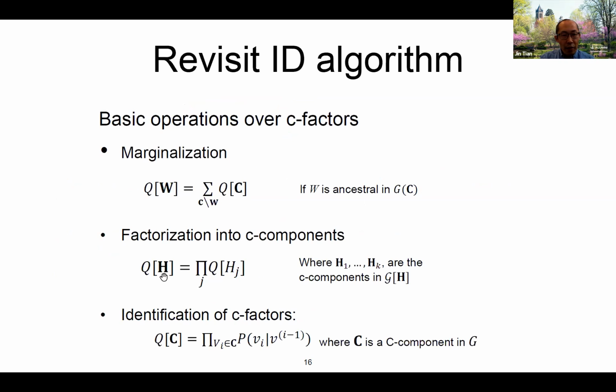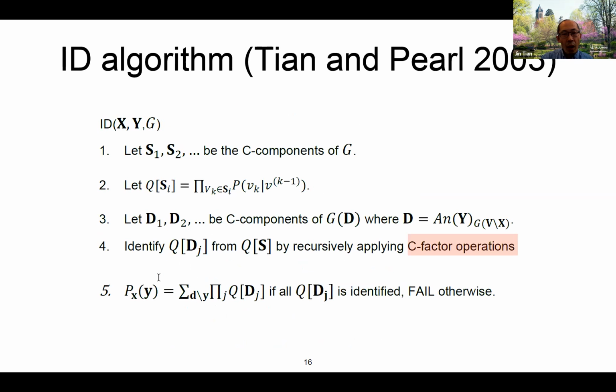And in general, any Q_H can be factorized into a product of C-factors over the C-components in the subgraph over H, and each of the C-factors will be identified in terms of this C-factor Q_H. So based on those properties, a complete algorithm for identifying causal effects has been developed, called the ID algorithm.